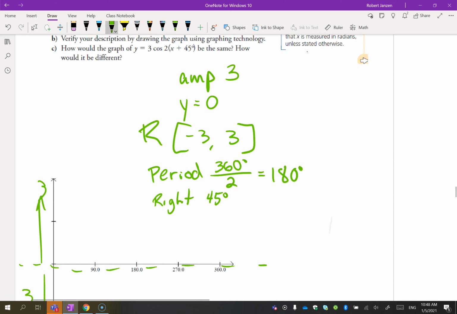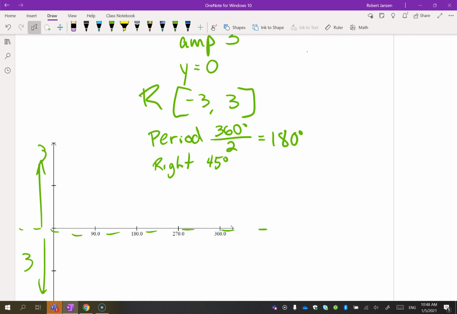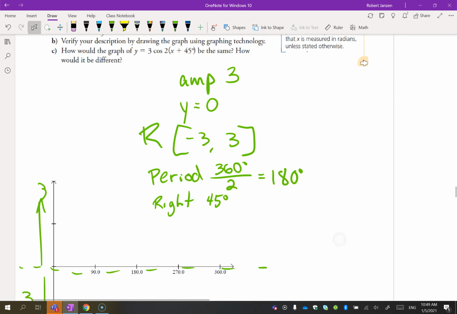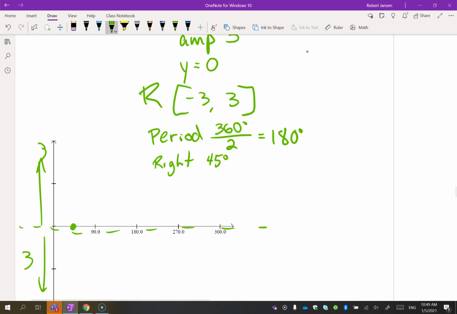So we could quickly sketch this. We know that it's right 45 degrees, so it's going to start here, right? It's moved this far, 45 degrees. And it's going to go a period of 180. So 180 from here is going to be till 225.